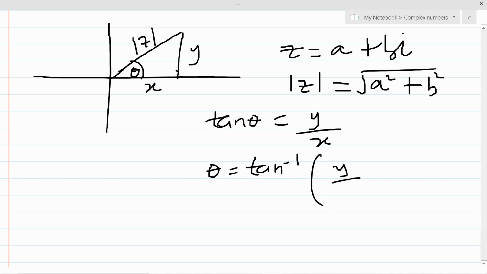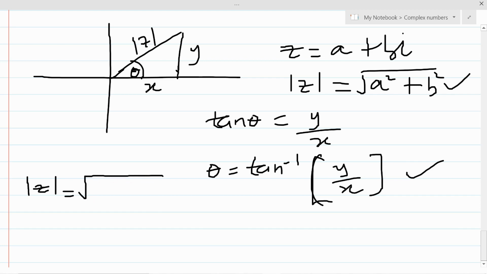Y over x. So these two are the things I want you to keep in mind: the length or the modulus, if you meet modulus, they are the same, of a complex number is the square root of the real part squared plus the imaginary part squared, and then the angle or the argument of the complex number is always equal to tan inverse, or the arctan, of y over x.